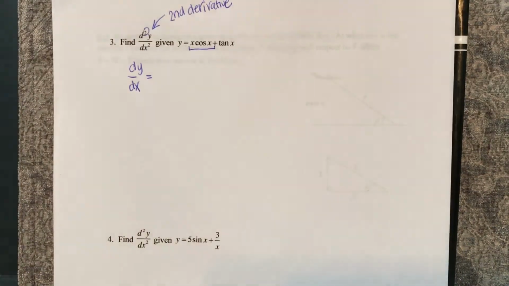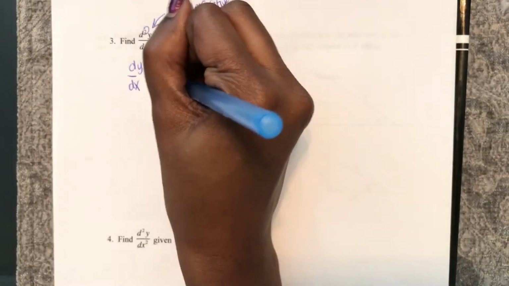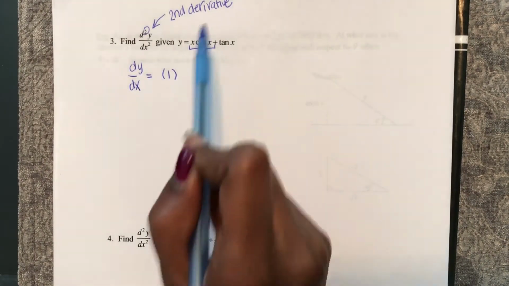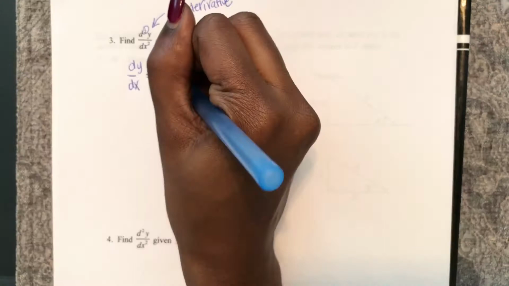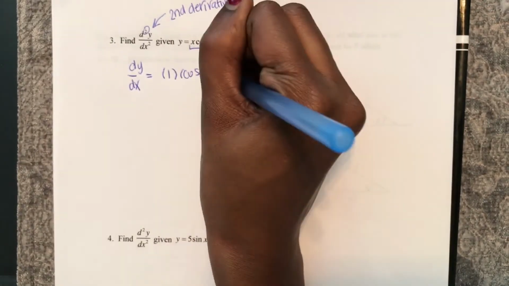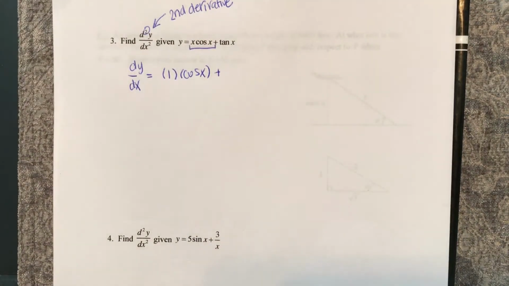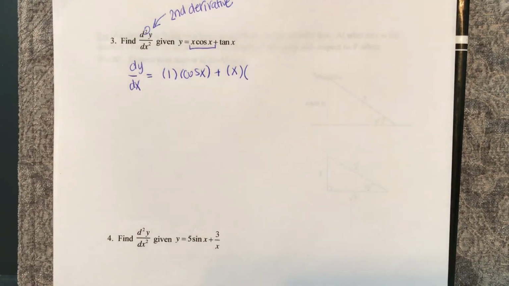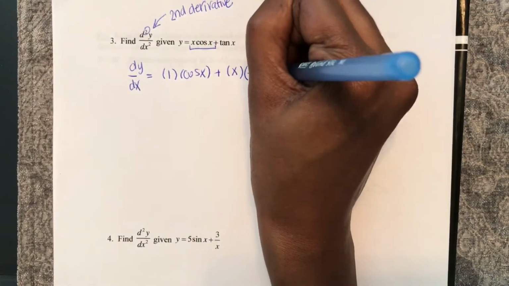So that's the derivative of x, which is 1, multiplied by the second function, which is cosine x, plus the first function, which is x, multiplied by the derivative of cosine x, which is negative sine x.